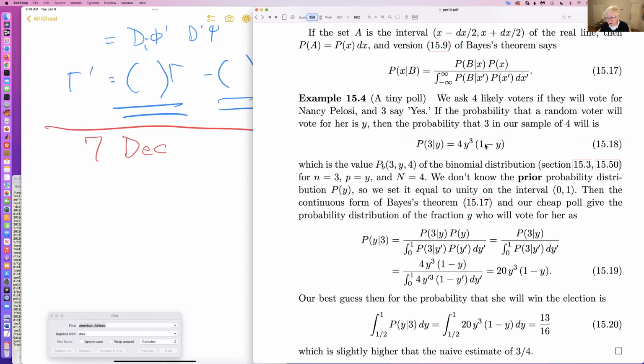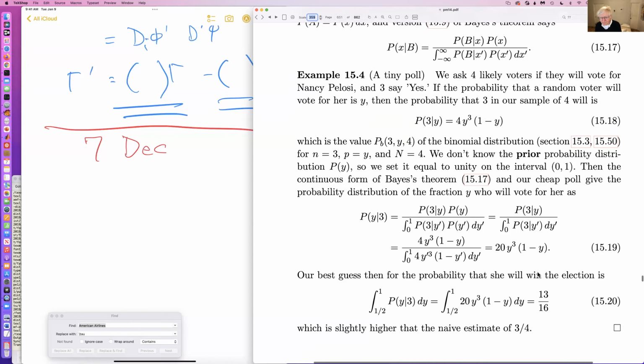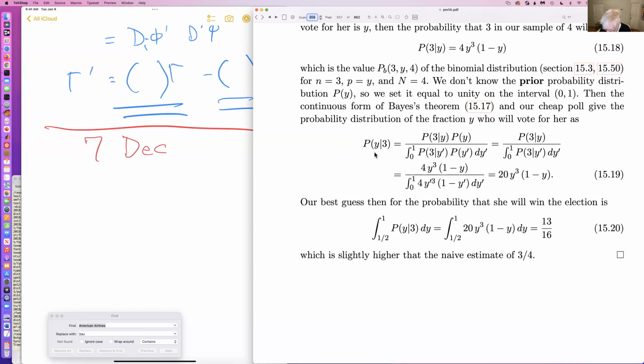This we already computed, it's that, so we stick that there and integrate over y prime. We do the integral in the denominator, divide, and we get this expression. So far, we just have the probability that y voters out of 4 will vote for her, or that an arbitrary person will vote for her.